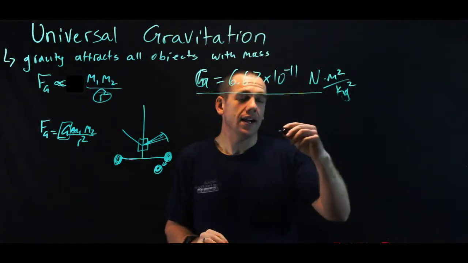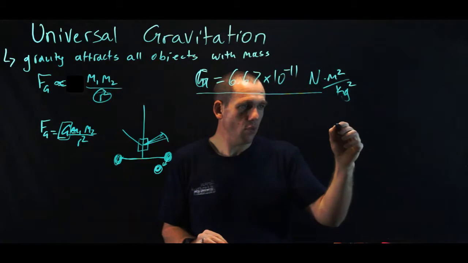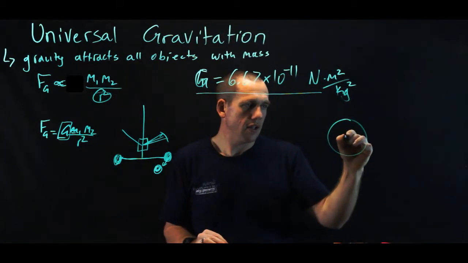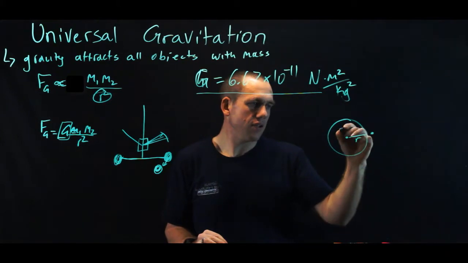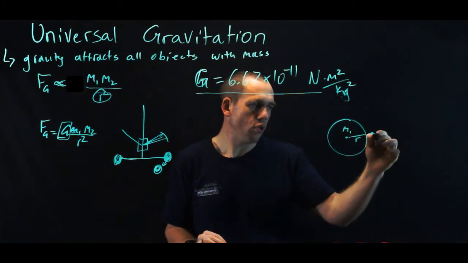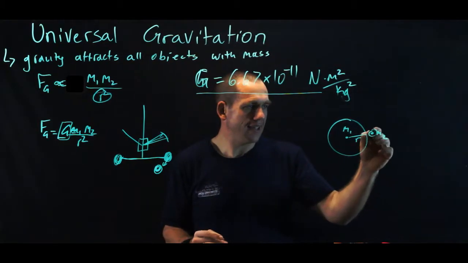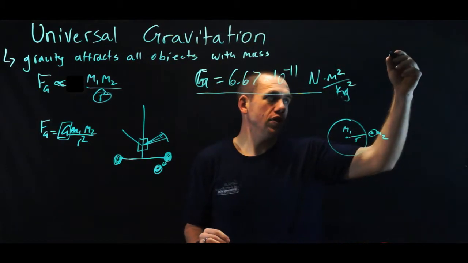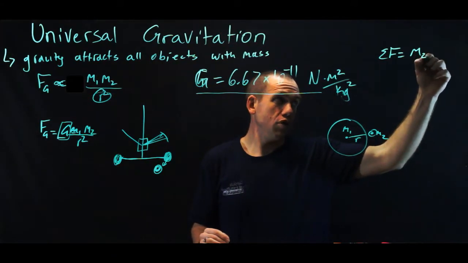And so if we actually take a look at what I mean, here's Earth, there's its center, we've got this radius r, and here's a second object. So the mass of Earth, we're going to call that m1. We've got our second object, m2. We know that the force acting on m2 is equal to m2a.